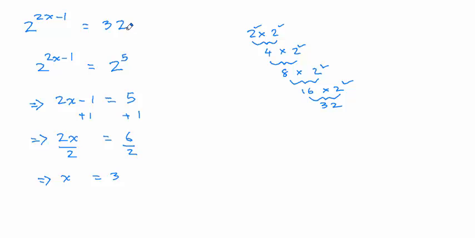Let's do another one. Let's say this time we have 4 raised to the 5x minus 3 is equal to 1/16 raised to the x minus 2. Once again, we cannot say 5x minus 3 is equal to x minus 2 or something like that unless we have the same base on both sides.